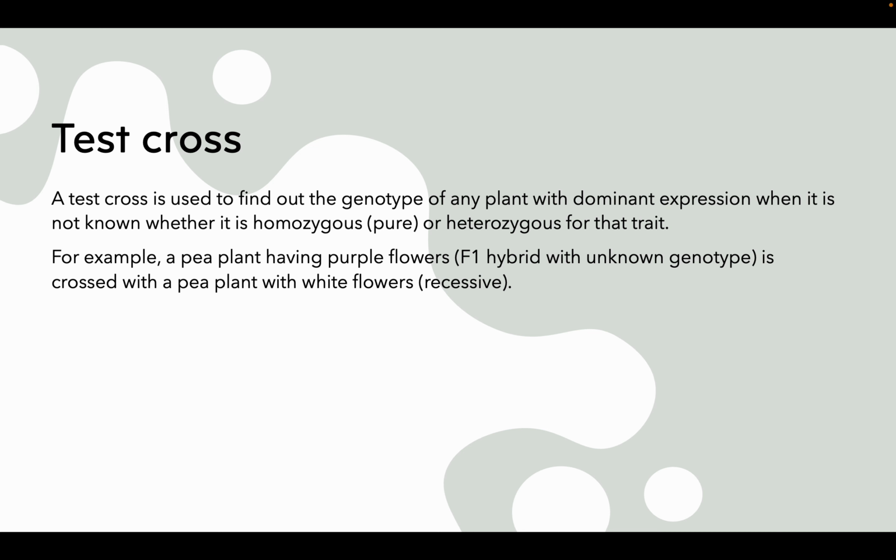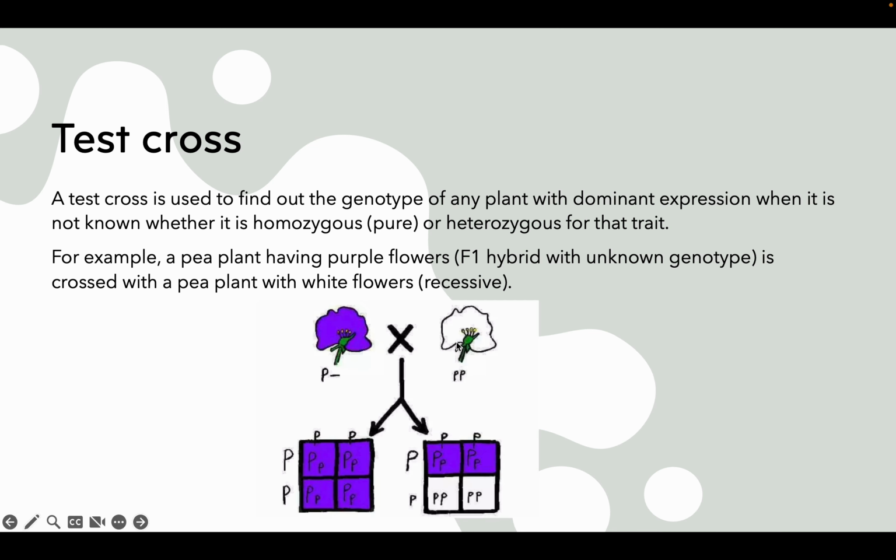For example, you can see here we have this flower with the recessive genotype, the small p, and we are crossing it with the purple flower, which can be either both capital P, homozygous dominant, or heterozygous, one capital P and the other small p, and in that case also the color of the flower will be purple.